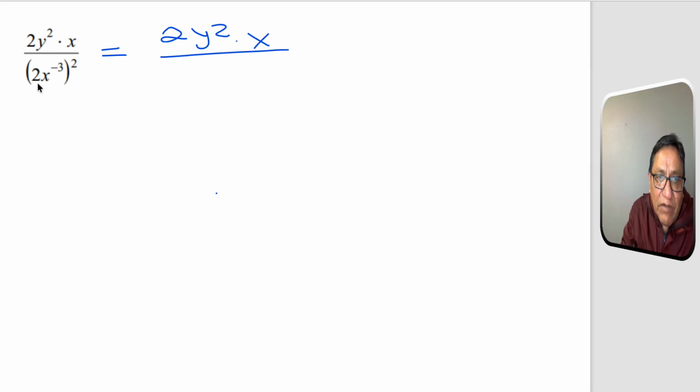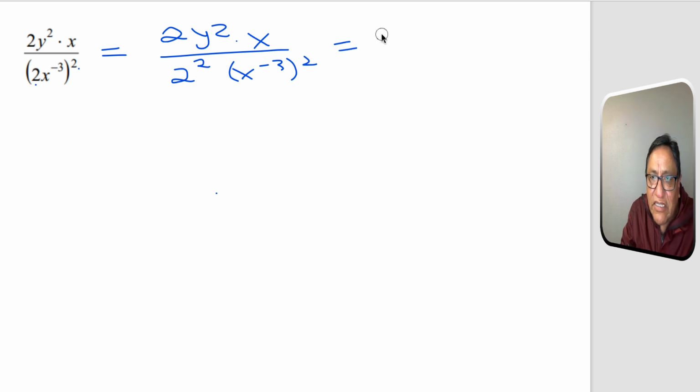In the denominator, this is similar to the previous example we have seen. 2 squared will be 4, or maybe you need to do it step by step, and x to the power -3 squared. So this will be 4, and x to the power -3 times 2 will be -6.